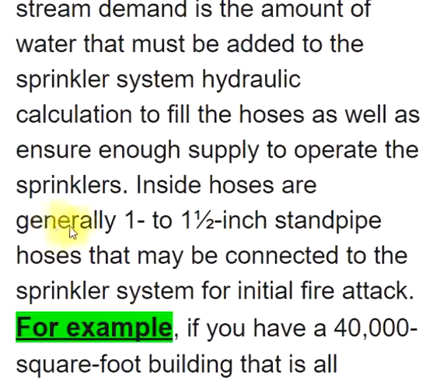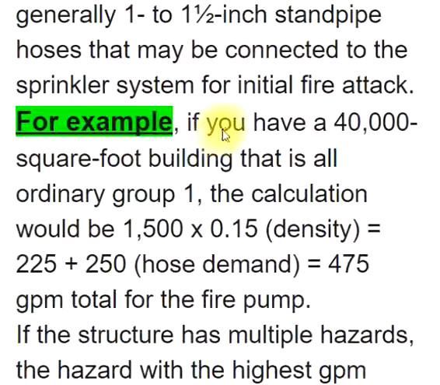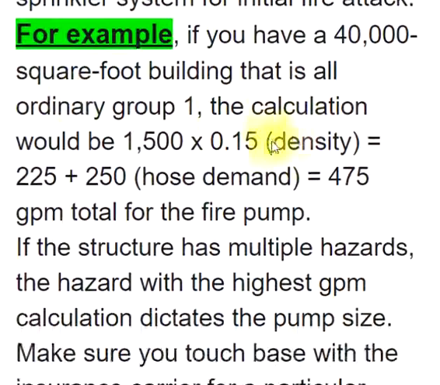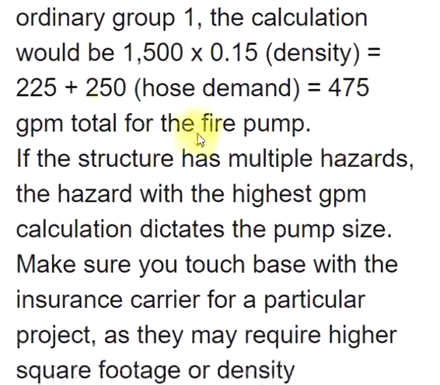Inside hoses are generally 1 1/2 inch standpipe hoses that may be connected to the sprinkler system for initial fire attack. For example, if you have a 40,000 square foot building that is all ordinary hazard group 1, the calculation would be 1500 x 0.15, density, equals 225, plus 250, hose demand, equals 475 GPM total for the fire pump.